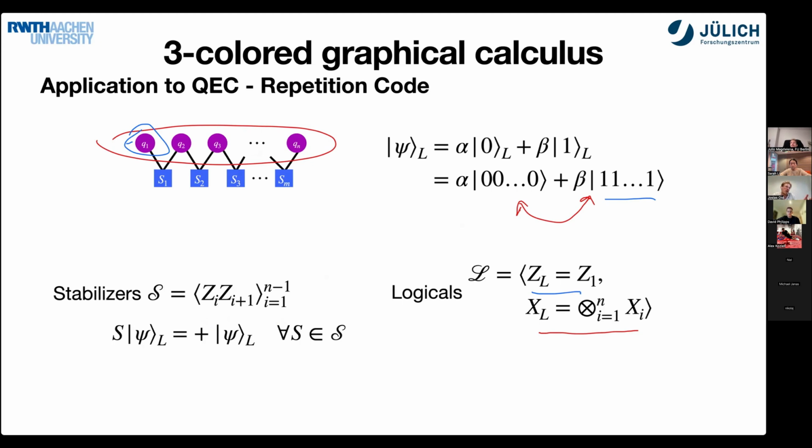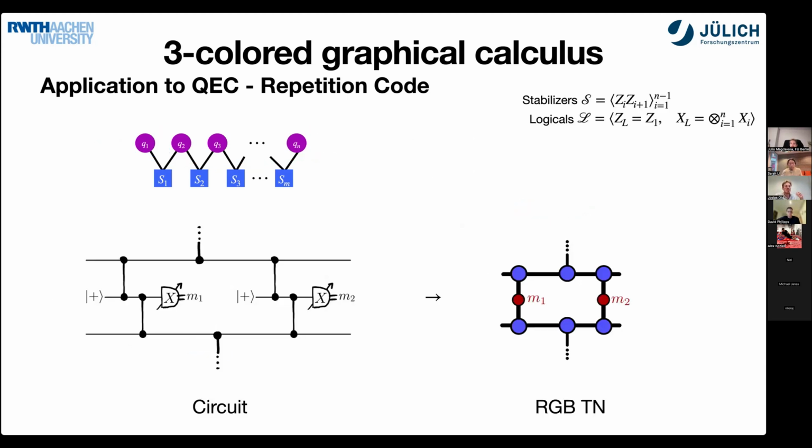In any error correcting protocol with these codes, a crucial step is to measure these stabilizers, because they define the logical state as being a +1 eigenstate. So we would measure these stabilizers, and in particular, we would measure them repeatedly.